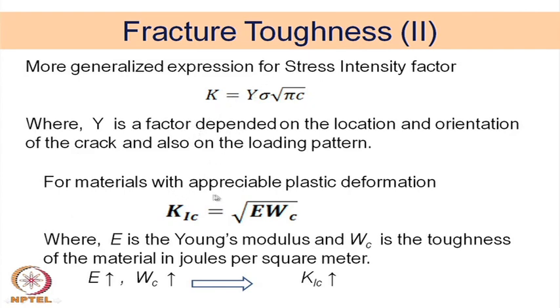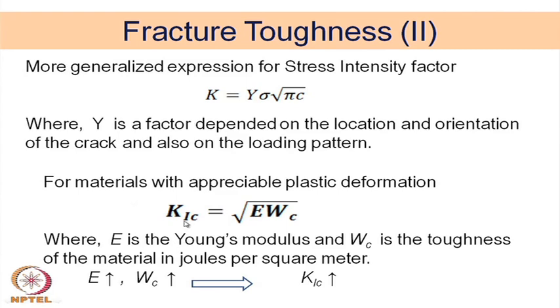For materials with appreciable plastic deformation, KIC also gives you an idea of the fracture toughness, not the fracture toughness, the total toughness. Okay. You must also distinguish between fracture toughness and toughness. They are not exactly the same. The terminologies are not exactly the same, definitions are different.